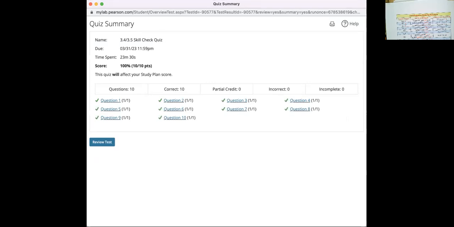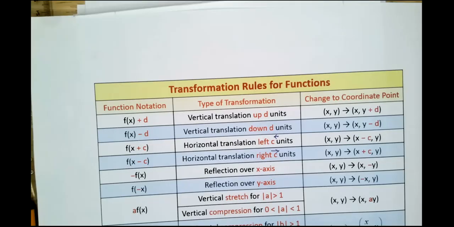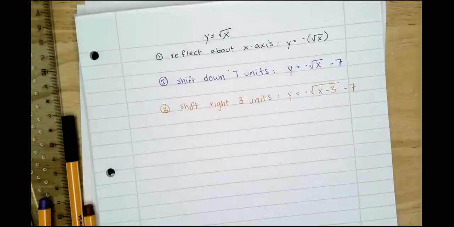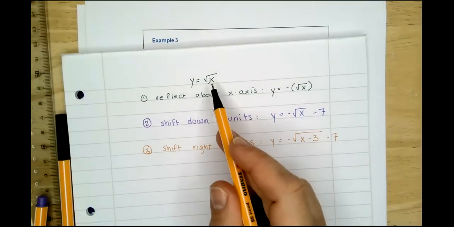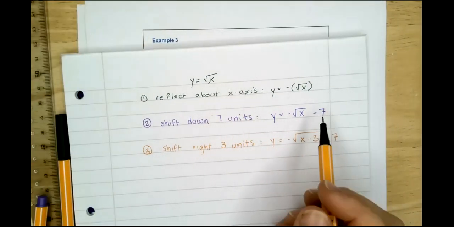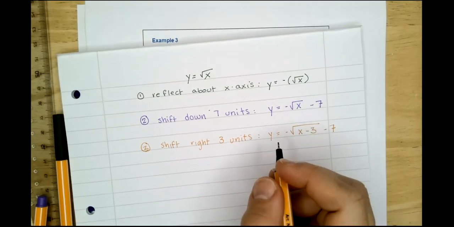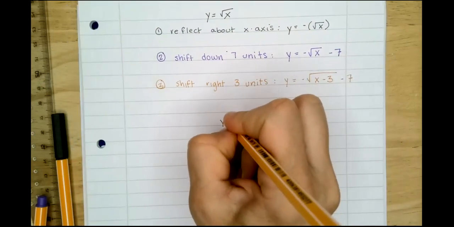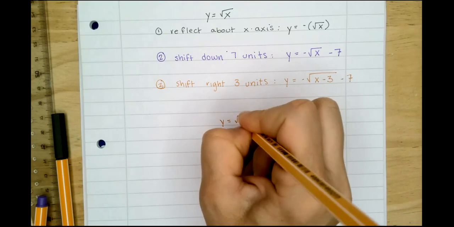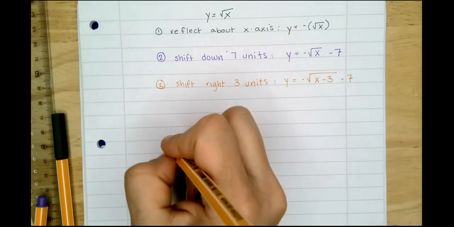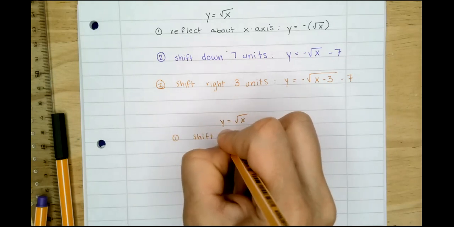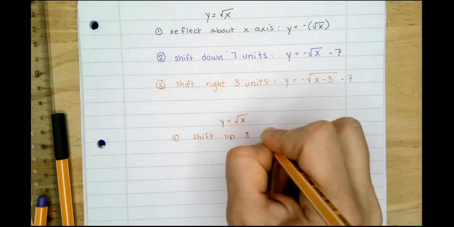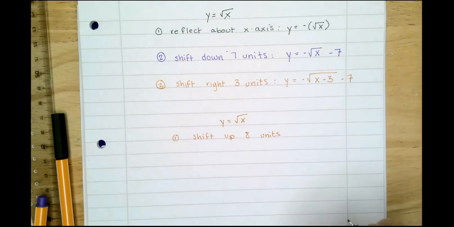There is one question. Trying to think. Sometimes it might come up that it's going to give you y equals the square root of x, and then they're going to say, step 1, shift up 8 units. Okay?